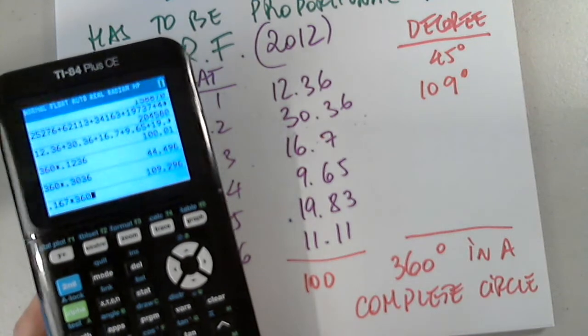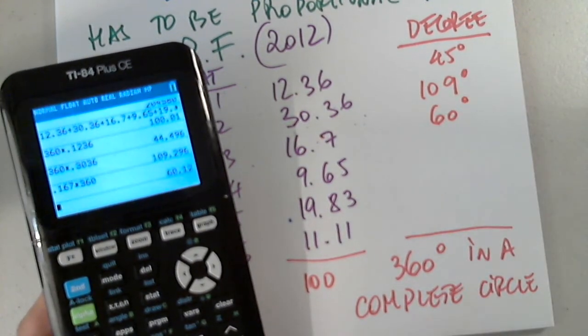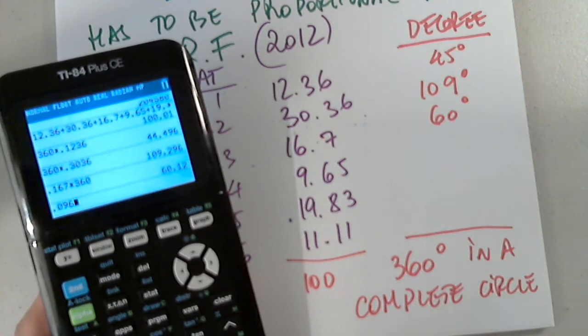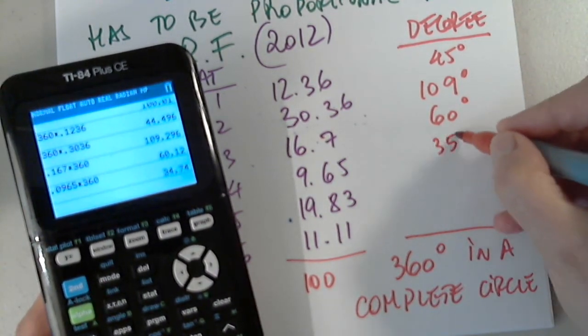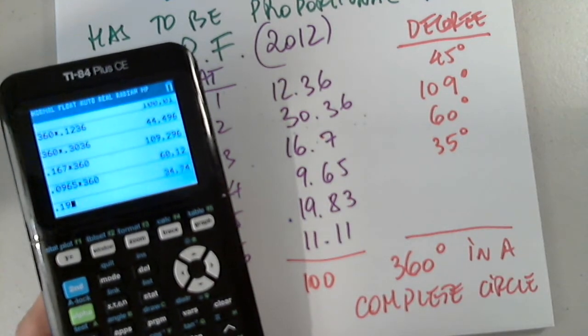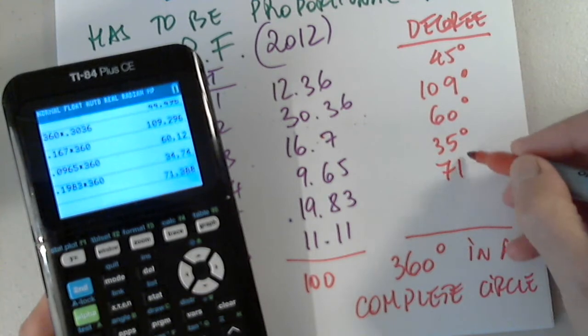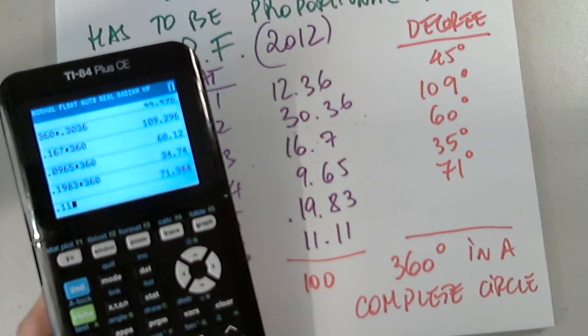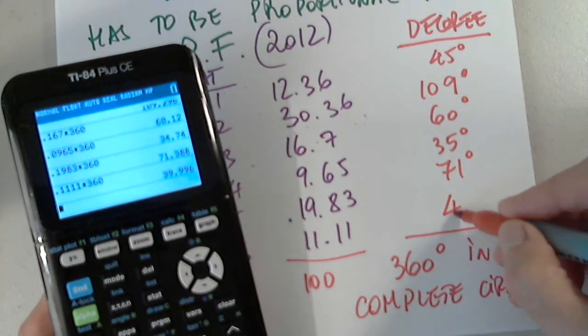0.167 multiplied by 360 gives us about 60 degrees. 0.0965 multiplied by 360 gives us about 35 degrees. 0.1983 multiplied by 360 gives us roughly 71 degrees. And 0.1111 multiplied by 360 gives us about 40 degrees.